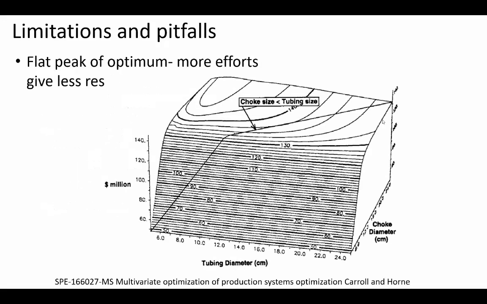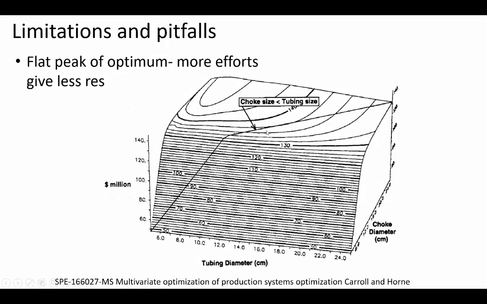Another thing which is also very challenging is that here you see the NPV, or some revenue function, as a function of the tubing diameter and the choke diameter. You see in this case that the function is very steep initially for small choke diameters, but then it becomes very flat. That tells you that when you start doing optimization, during the first iterations, you're going to get a very large increase in the objective function.